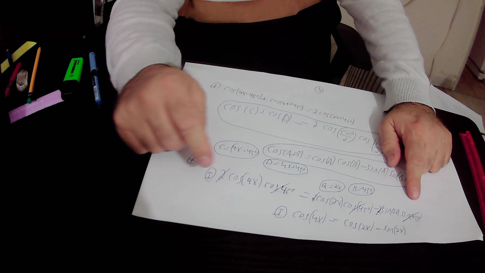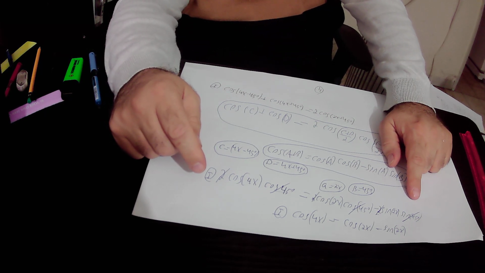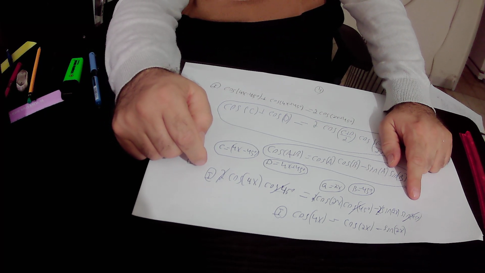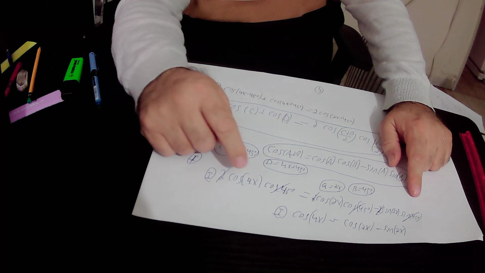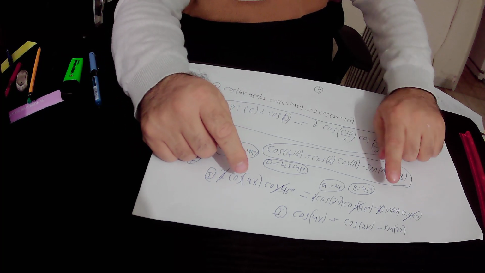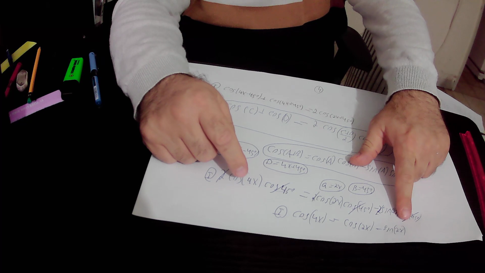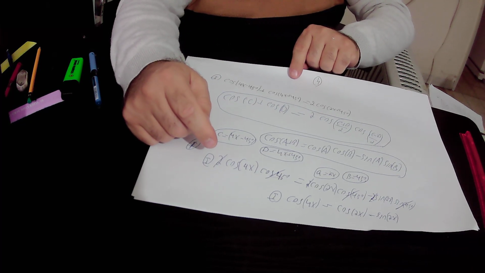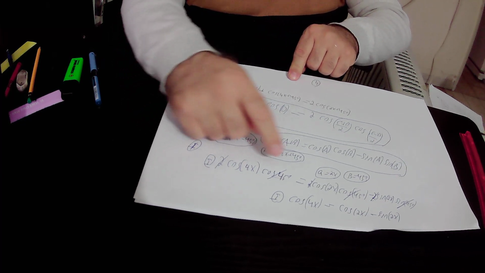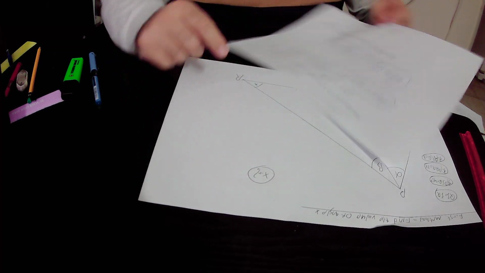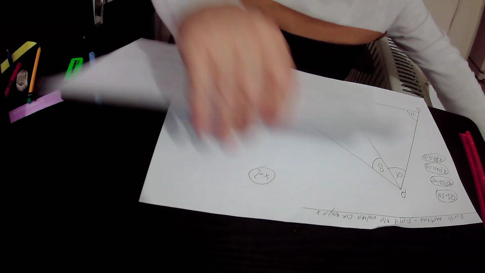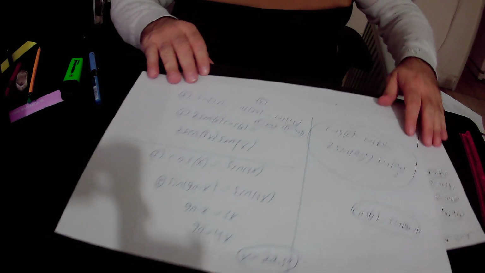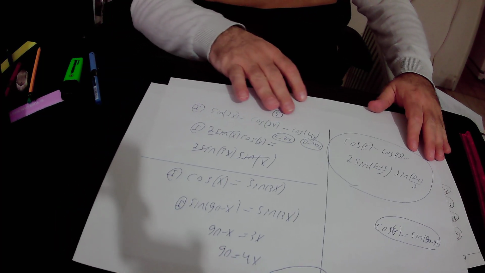So in conclusion, after we divided this equation by 2 cosine 45 degrees, we got that cosine 4x equals cosine x minus cosine 2x. Okay, then we added sine 2x to this equation, and we got that sine 2x equals cosine 2x minus cosine 4x.